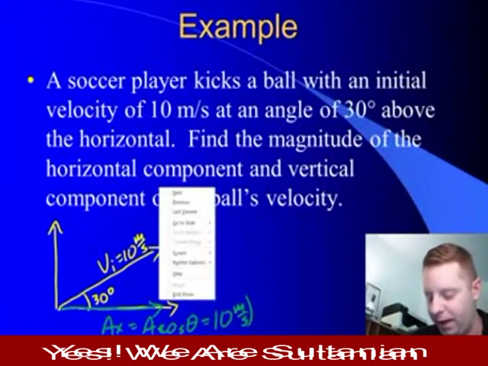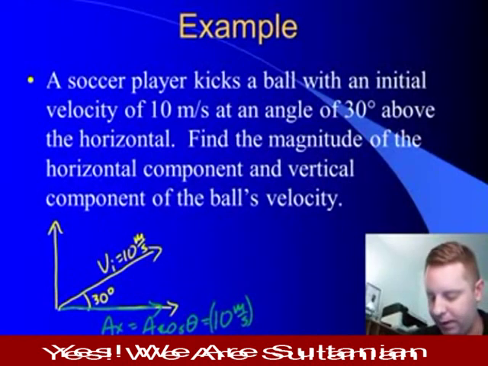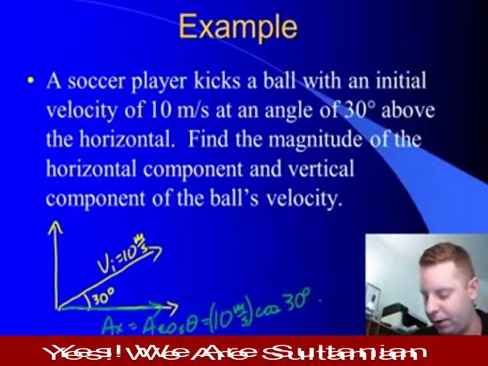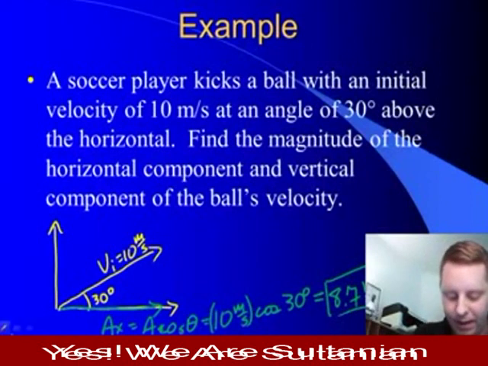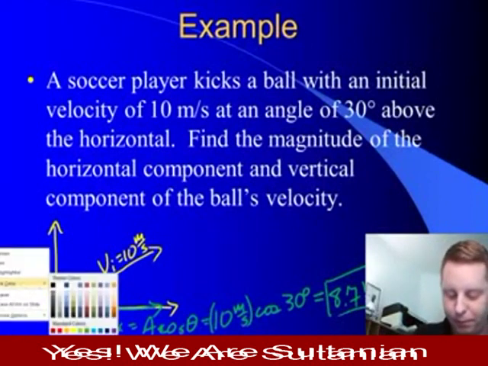Notice that I'm substituting in with units, 10 meters per second, times the cosine of 30 degrees. I plug that into my calculator and I get something right around 8.7 meters per second. So we found its horizontal component. Now let's see if we can't find its vertical component.